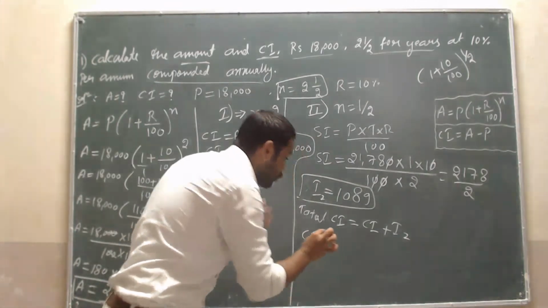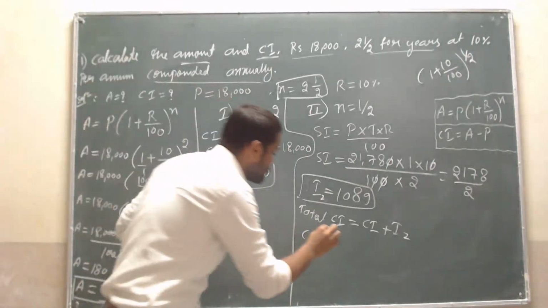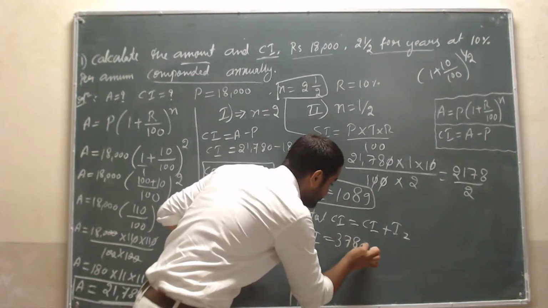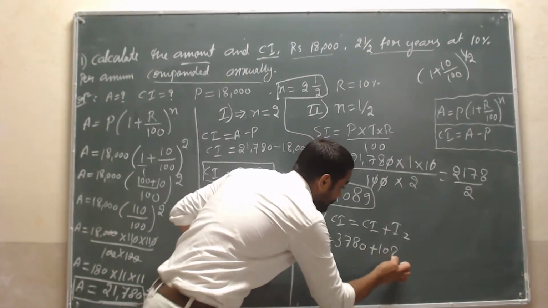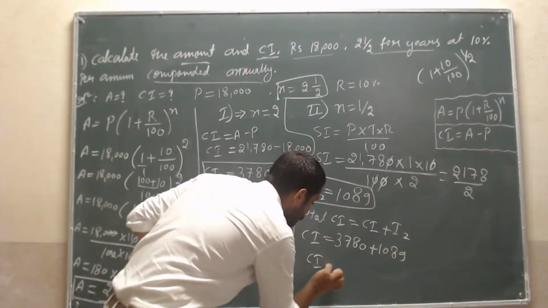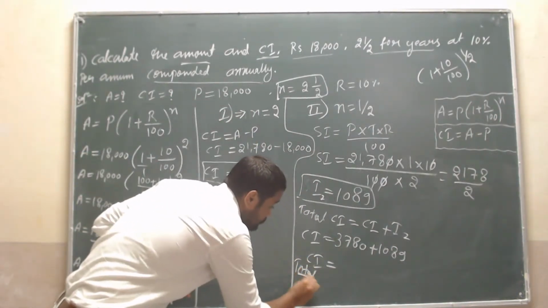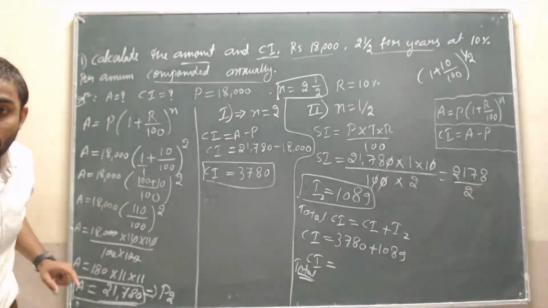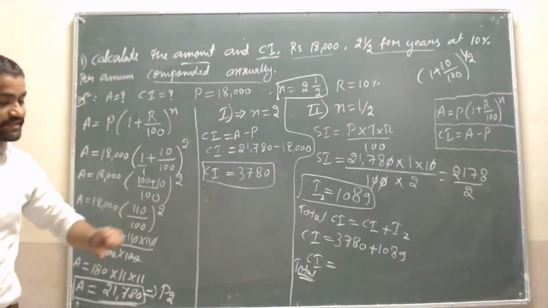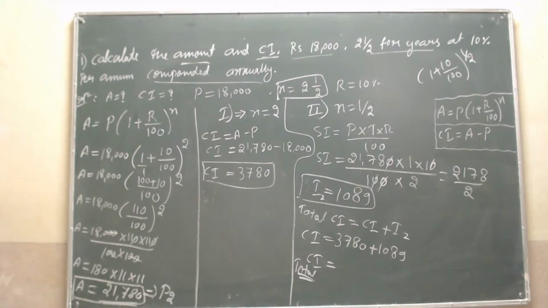Can you tell me what is the total compound interest, students? That is 3,780 plus 1,089. The total compound interest is equal to 3,780 rupees plus 1,089. What will we get?